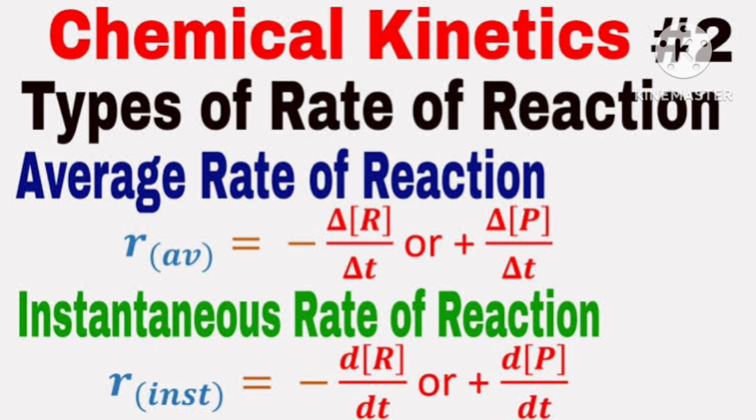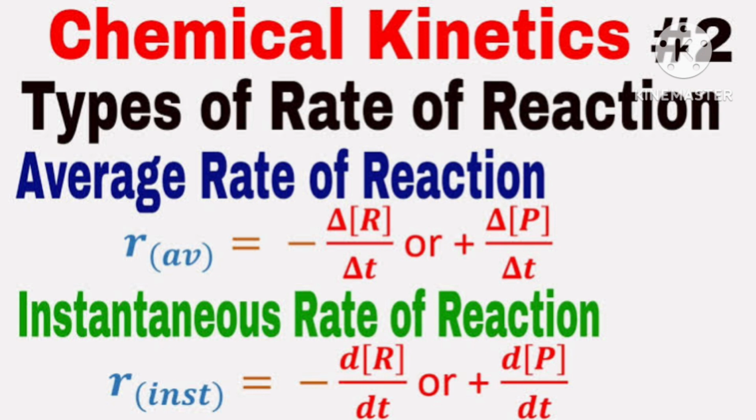Now you know that concentration is mole per liter, mole divided by liter. In the beginning, you can say in 1 liter 1 mole was there. After some time it became half mole, or 0.3 mole, 0.2 mole per liter. Then it decreased, and in that way you have to think.